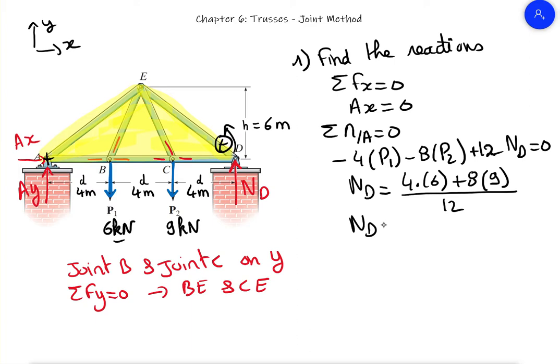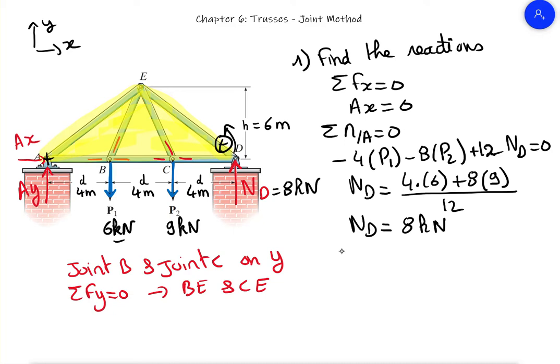So ND is 4 times 6 plus 8 times 9, divided by 12, which is 8 kilonewton.